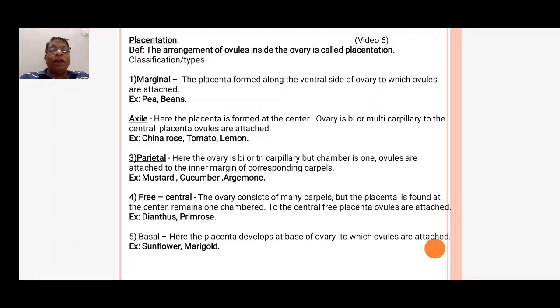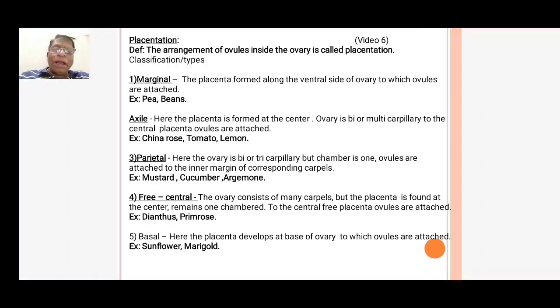Free central placentation. As the name indicates, the placenta is at the center. In this type, the ovary consists of many carpels, but the placenta is found at the center.